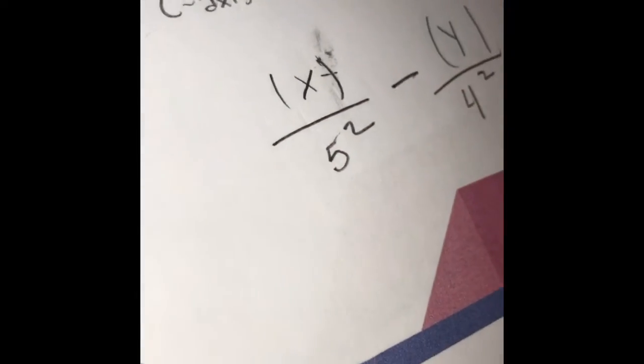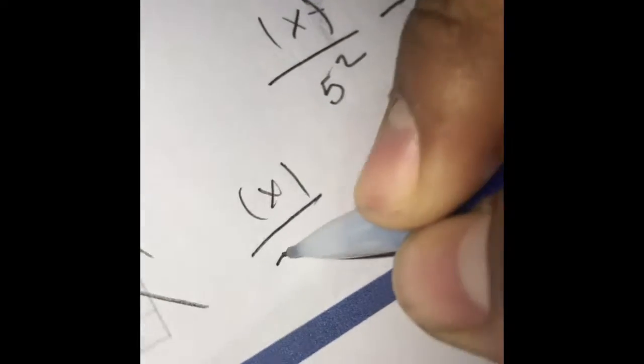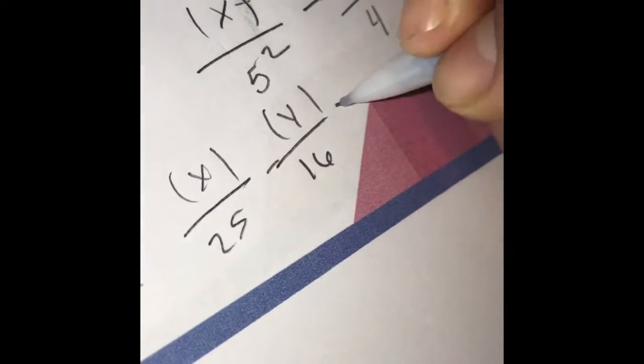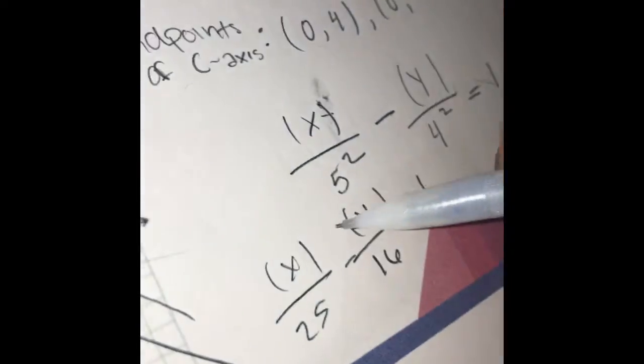And now you just square these. So x squared over 25 minus y squared over 16 equals 1. And don't forget to square these on top. Yeah, that's the answer.